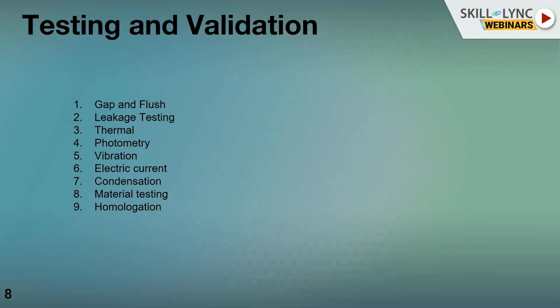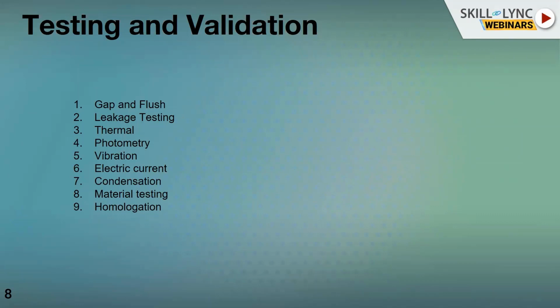Other testing and validation is the responsibility of the lab, but if you are involved in those activities also, that will be helpful for you. But as a designer, at the initial design stage, you should keep these 9 points in mind. These are the basic requirements, and it is your responsibility to fulfill them.